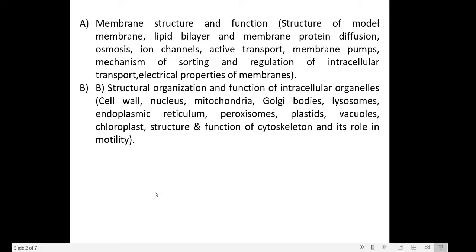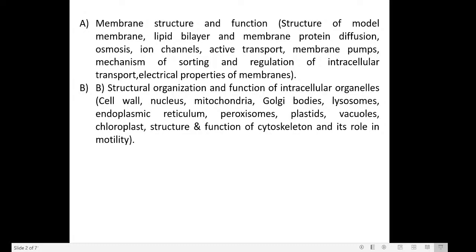Then the second step, part B, is cellular organization: what are the important parts and materials present in the cell's inner part, that might be the cytoplasm and the nucleus.